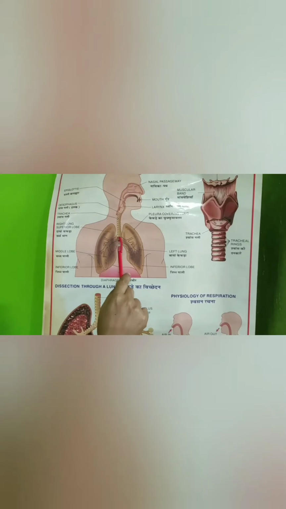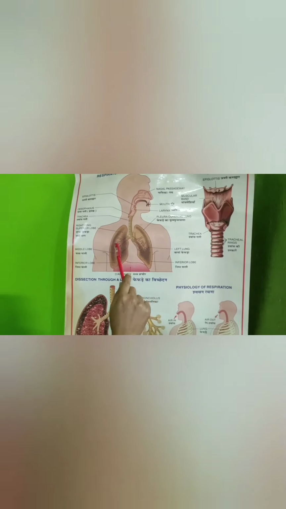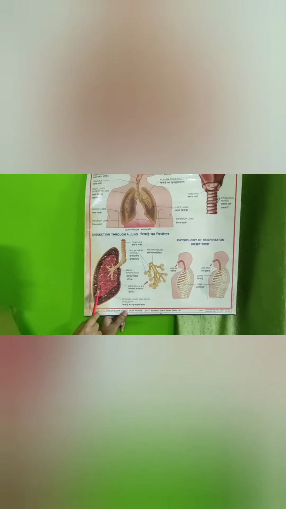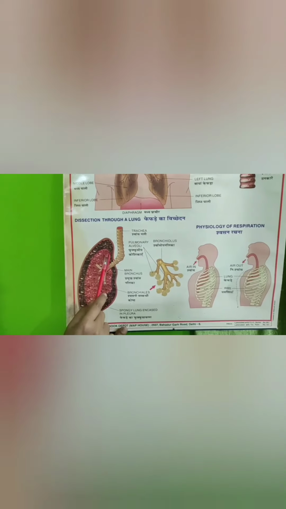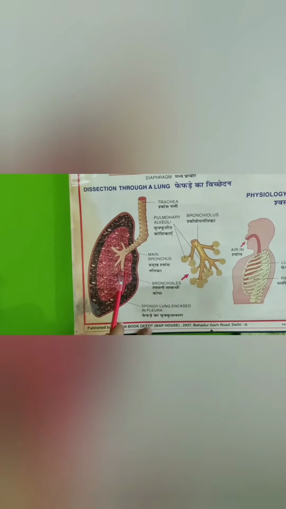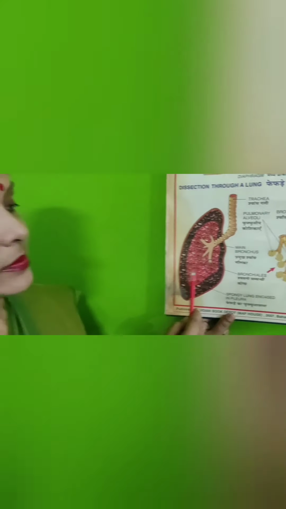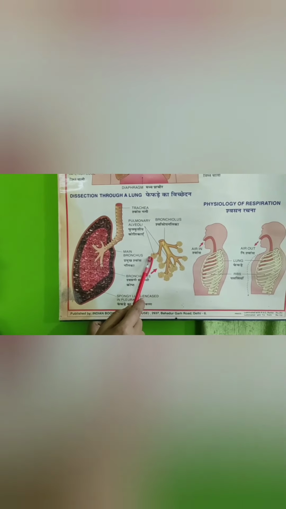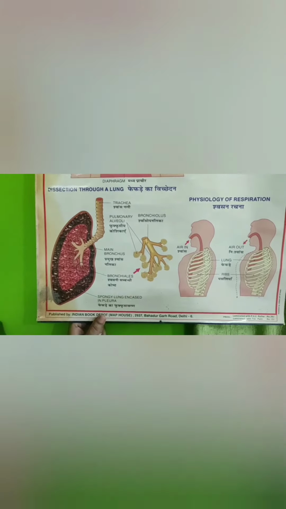The trachea branches into bronchi, into the two lungs, and the bronchi further divide into bronchioles. These bronchioles increase the surface area. As a result, they form sac-like structures called alveoli, through which exchange of gases takes place because they are richly supplied with blood capillaries.